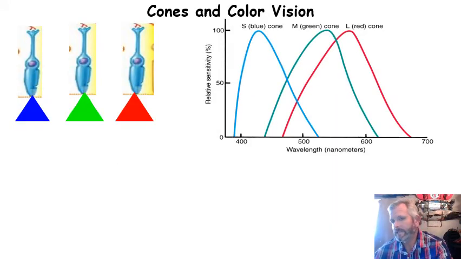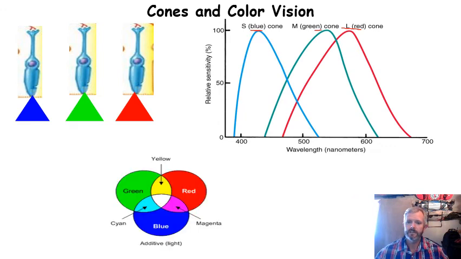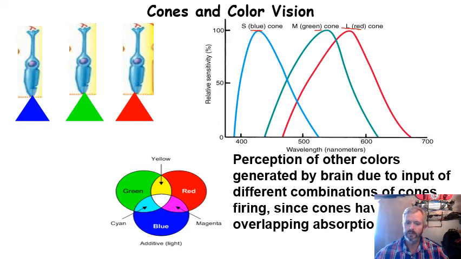The brain can get different signals depending on where the wavelength is. You can see certain cones are firing more frequently, or at higher frequency, at certain wavelengths than the other cones are. Depending on the amount of signal the brain is getting, it can put a perception on what color it is.